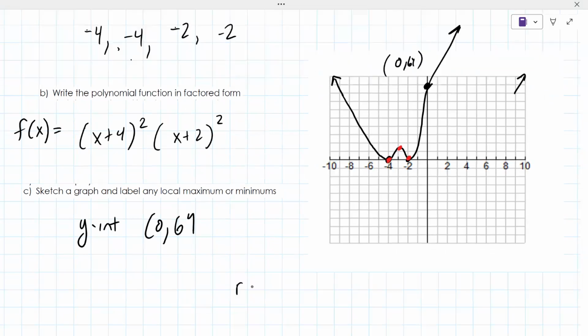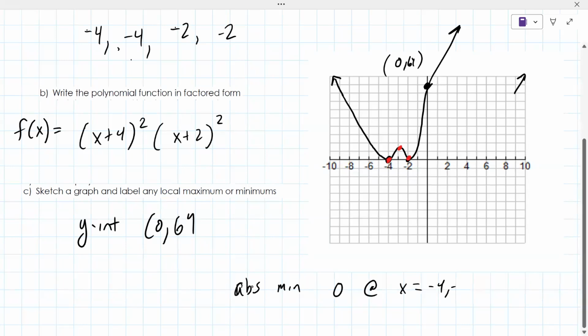Your teacher is disguising it because you haven't learned enough, and you need another course or two. But they are absolute mins. They're also relative mins. So the absolute min is 0 at x equals -4 and -2. The relative max is 1 at x equals -3.